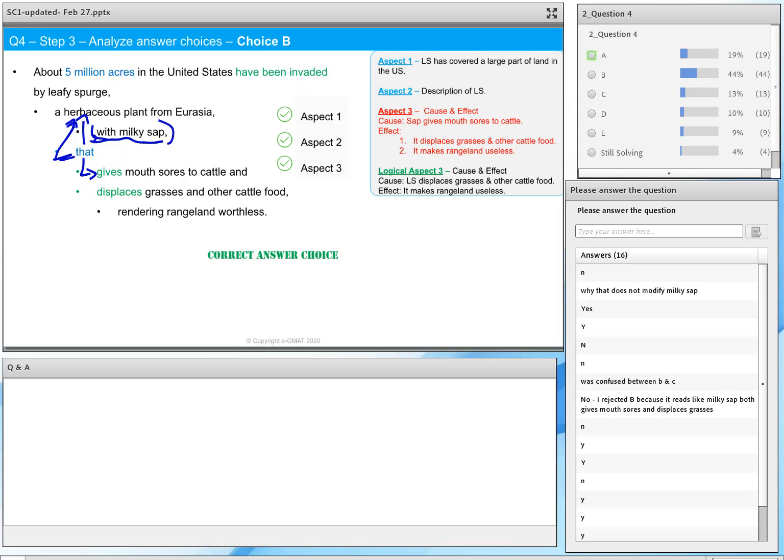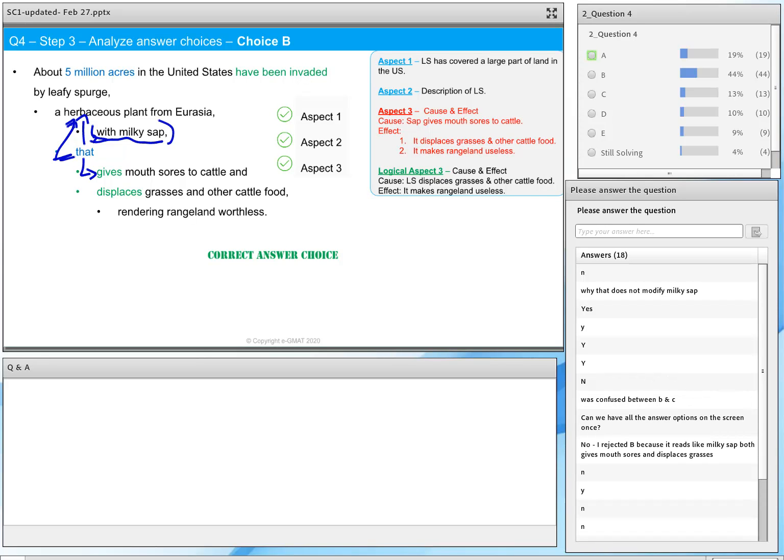Okay, so I'll talk about that, but let's get over with this part in choice B. So that here is talking about herbaceous plant, which is equal to leafy spurge. So now this sentence is saying that leafy spurge gives mouth sores to cattle, which is right because leafy spurge contains milky sap. So that's fine.